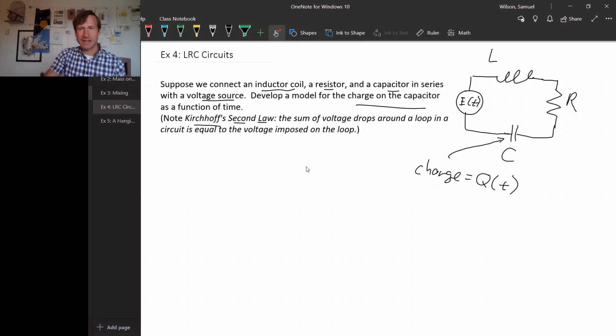So that would say that the voltage source, which in principle could vary with time, it's possible that this voltage source is always a constant voltage, but it might change with time.